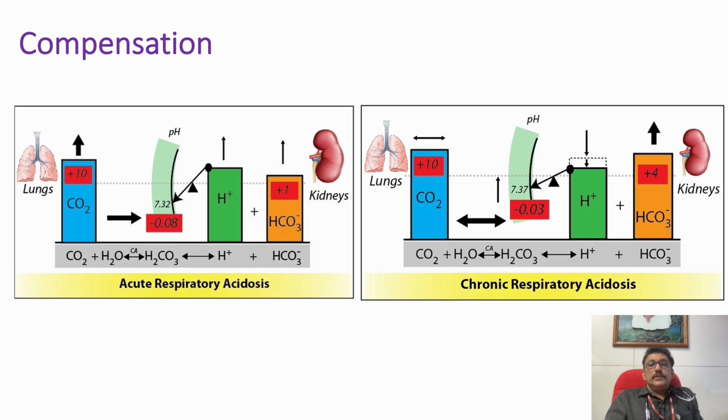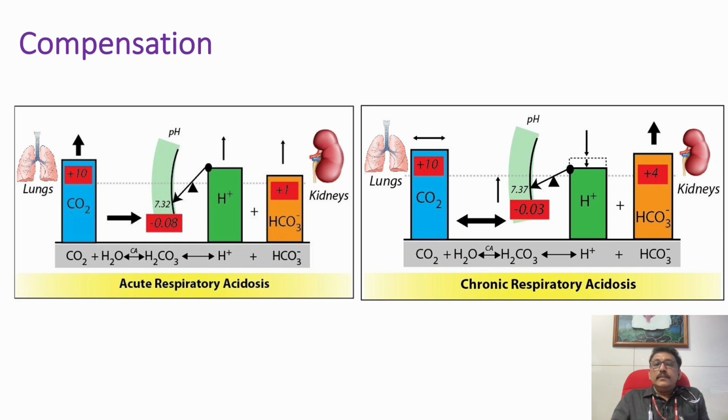So, acute respiratory acidosis and chronic respiratory acidosis, we have seen why this compensation occurs, and what the range of compensation is. For acute respiratory acidosis, when CO2 increases by 10, bicarbonate will increase by +1, and in chronic respiratory acidosis, when PaCO2 increases by 10, bicarbonate increases by +4.